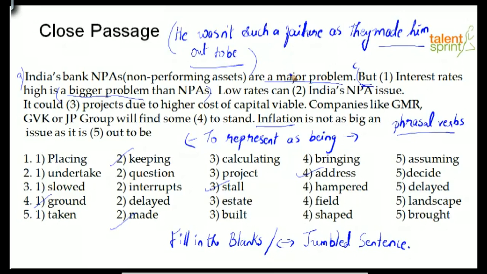And so likewise, when you focus on the closed passage, you not only get to understand sequence in the context, but you also get to understand how to pay attention to what meaning the sentence gives. Fill in the blanks, jumbled sentences.